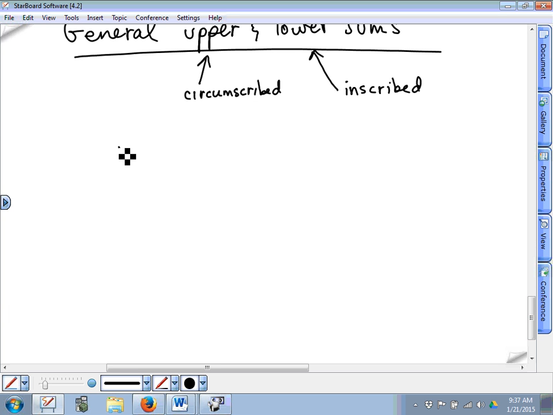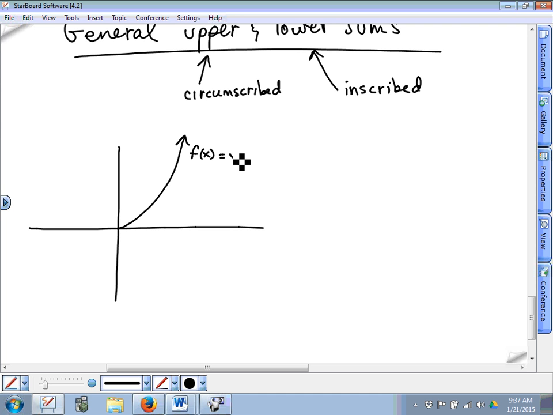So put a graph on your paper. We're going to do a real easy function to begin with. f of x equals x squared. Just the right side of it.